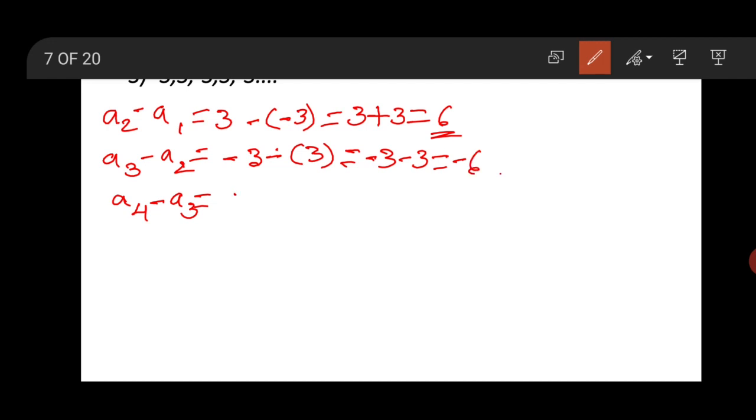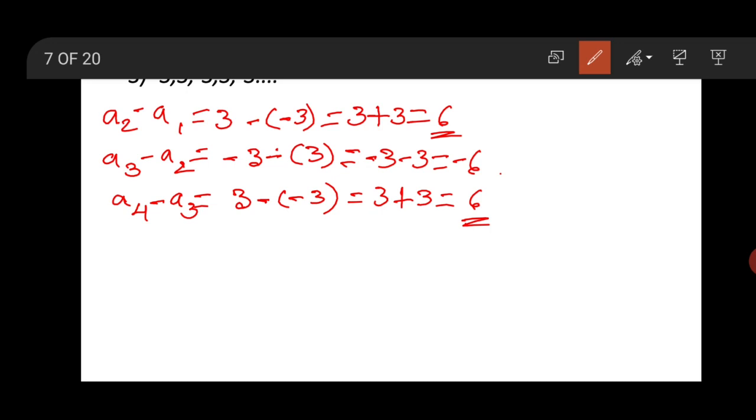A4 is 3, minus A3, which is minus 6. So here 3 plus 6, it's equal to 6. Are they same? A2 minus A1, A3 minus A2, A4 minus A3.